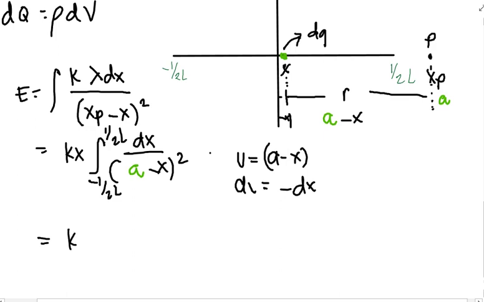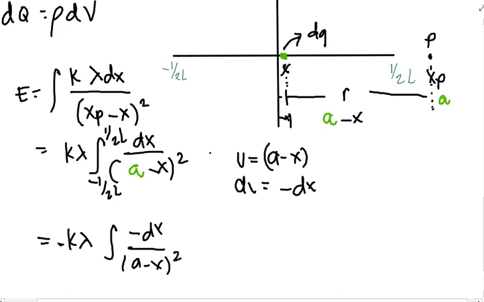We will have k lambda, your integral of negative dx all over a minus x squared.